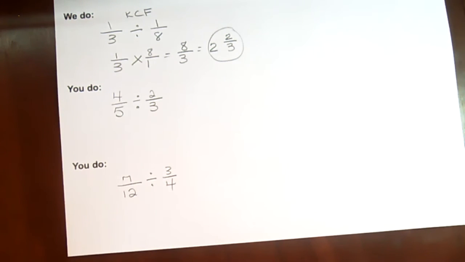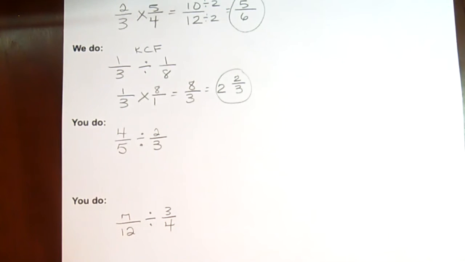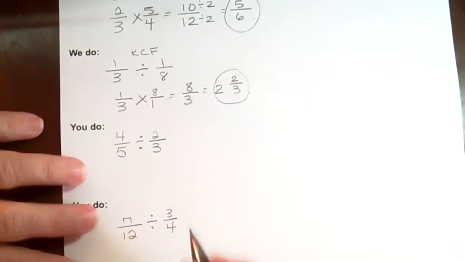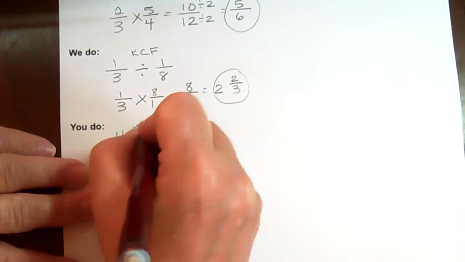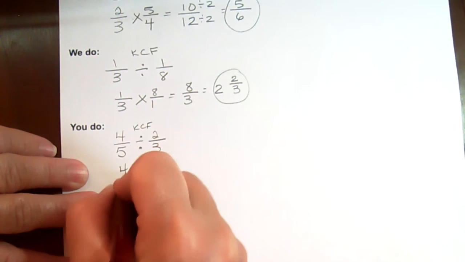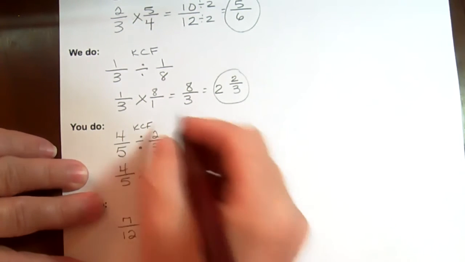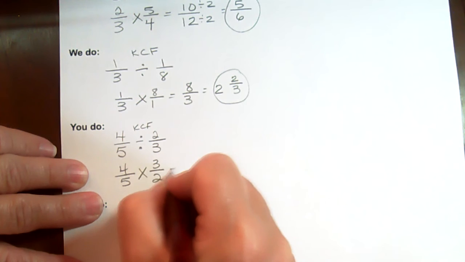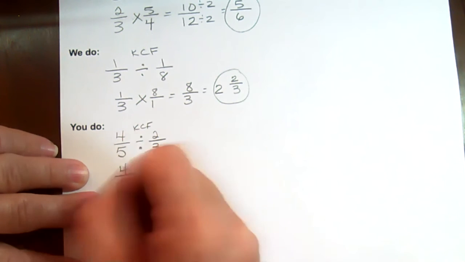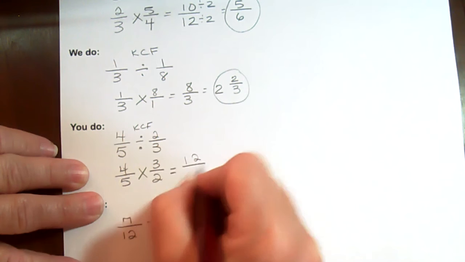All right, let's look at this one right here. 4/5 divided by 2/3. I'm going to keep, change, flip. If you have to do that, that's fine. 4/5. Change the division to multiplication and take the reciprocal of 2/3, which is 3/2. Multiplying fractions, you just go straight across. So 4 times 3 is 12. 5 times 2 is 10.